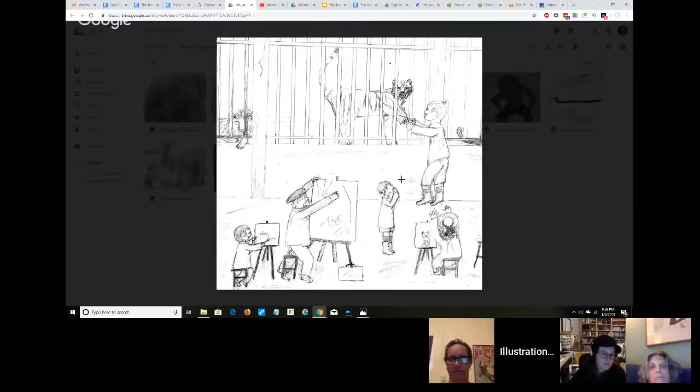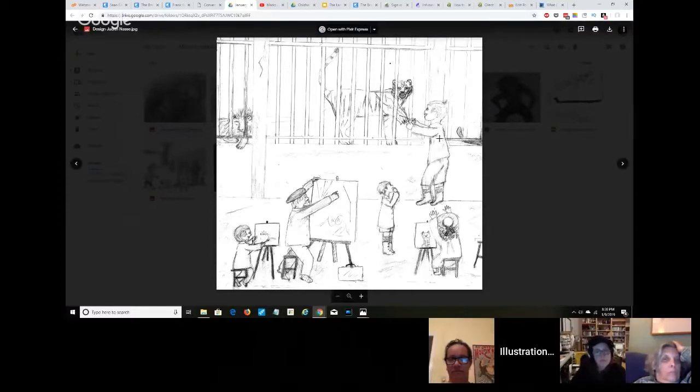Apart from the design discussion, the proportions of the figures are a little off. The boy looks so big compared to the other characters, including this adult painter here, who looks like he's trying to warn the boy away from the tiger cage. But is there a reason why you made the boy so huge compared to the others?